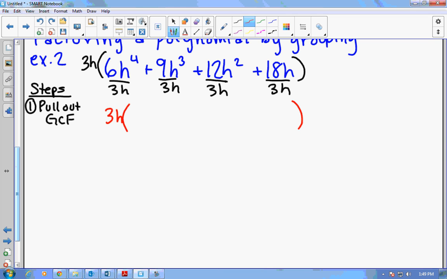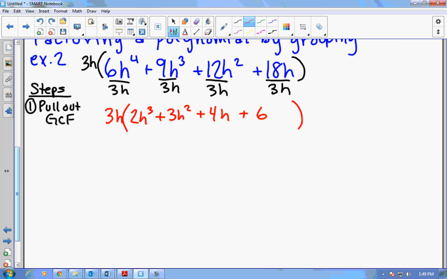Can you divide all those by 3h and let me know what's remaining? Okay, what do you have? 2h cubed, 3h squared, 4h, 6. Thumbs up, thumbs down, or middle. What do you think? I agree. Good, thumbs up.